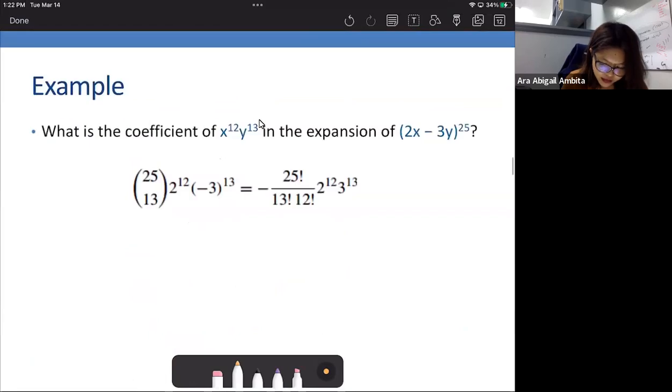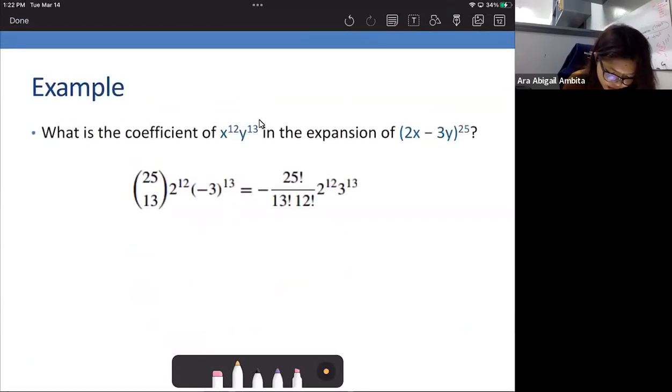Okay. And what if we have the same? We still want to look for the coefficient of x raised to 12 times y raised to 13. But in this case, the x and y have coefficients 2 and negative 3. So we just have to raise 2 to 12, since x here is raised to 12, and the negative 3, which is the coefficient of y, will be raised to 13 also.